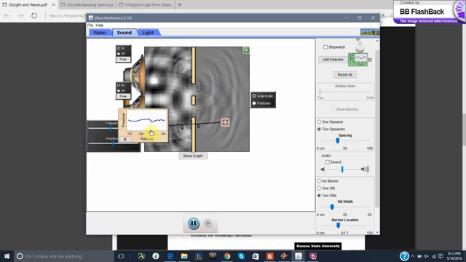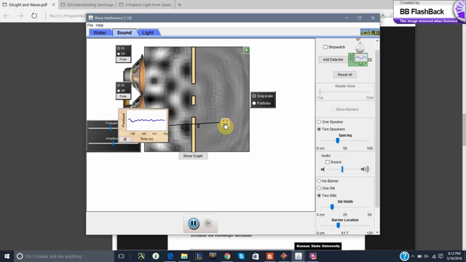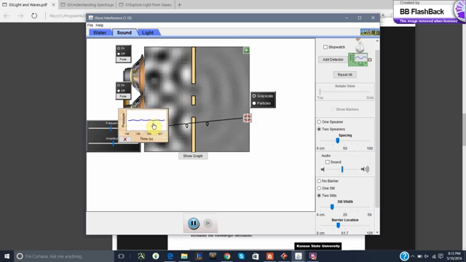And this meter right here is measuring the pressure waves. You can see how at certain points the waves stop or are nullified, and then at other points they get larger.